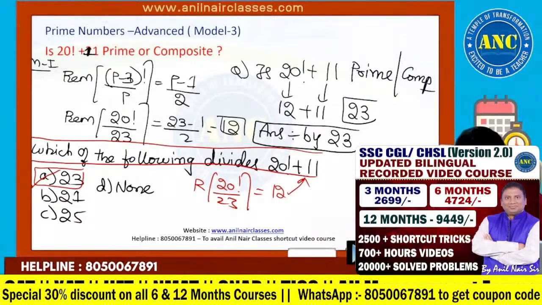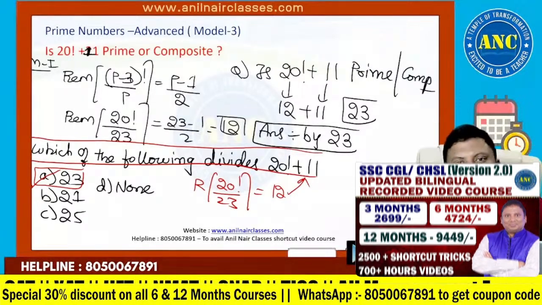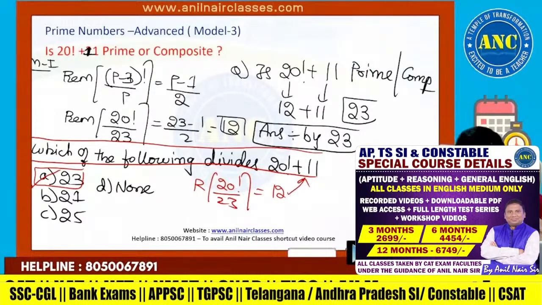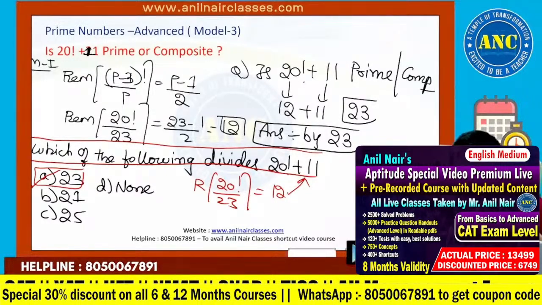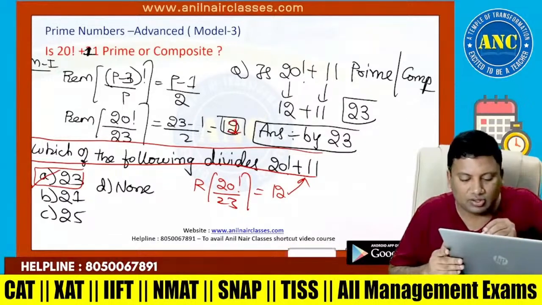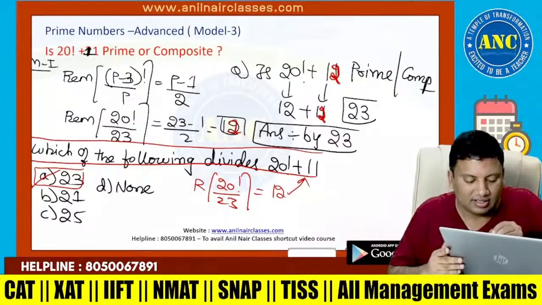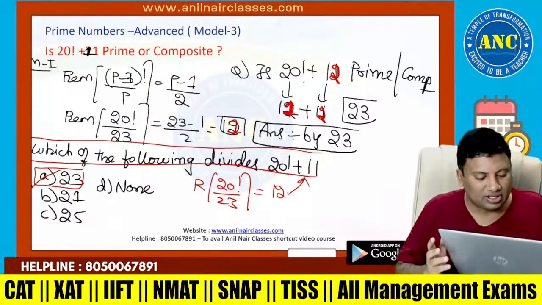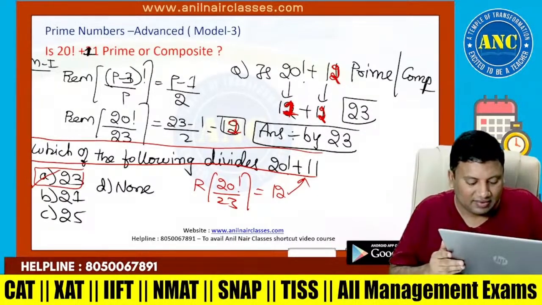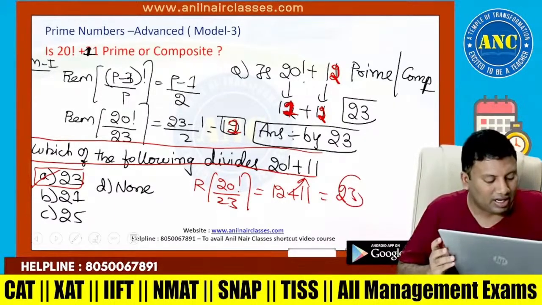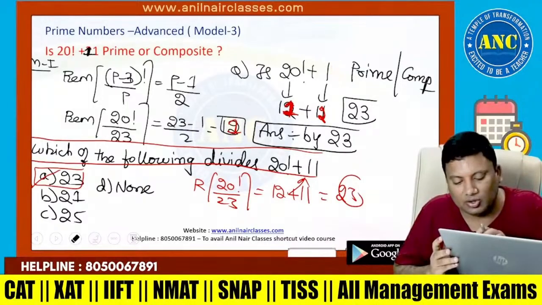Which of the following divides 20 factorial plus 1? 20 factorial divided by 23 is nothing but 12. There was a calculation mistake, I took it as 11. So it is 12 plus 11, which is nothing but 23. The answer is divisible by 23. I hope the idea is clear. Let me change the question to this.